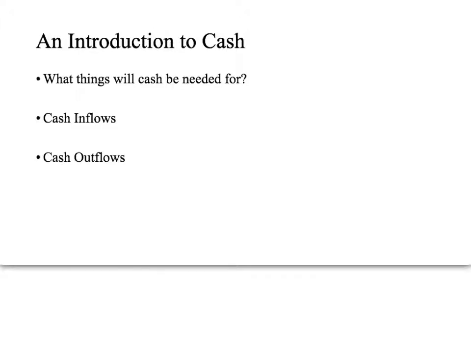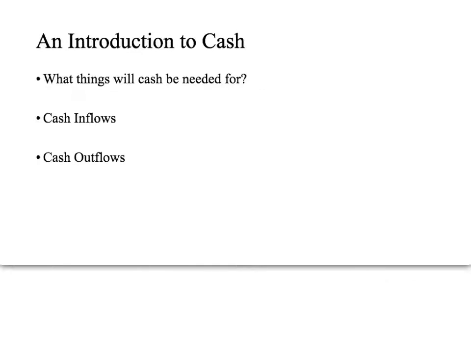If you consider fixed costs, you might have things like your rent, your business rates, you might pay salaries, you might pay for marketing or advertising cost, and it's likely that you'll pay for utility bills, your gas, your water, your electricity, things like that. So generally, we need cash in order for our business to trade on a day-to-day basis.